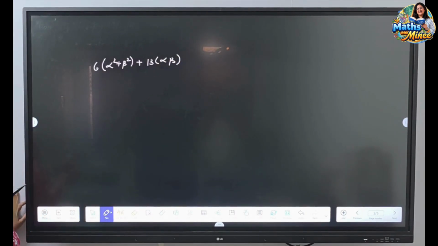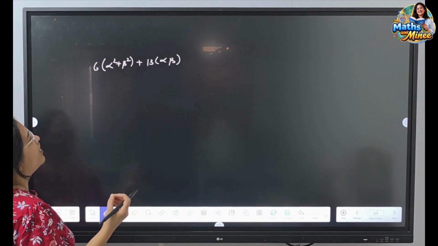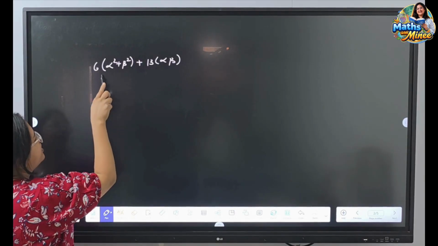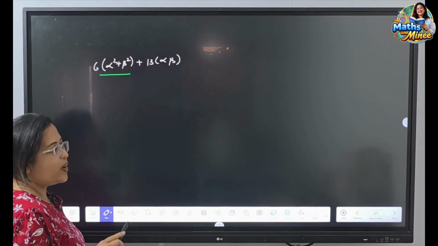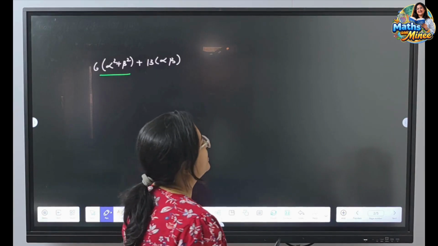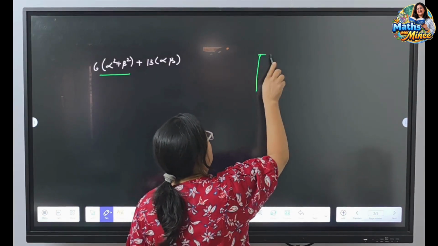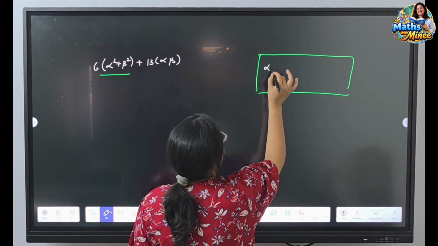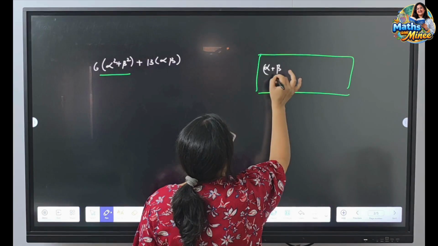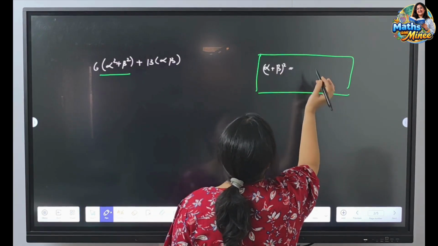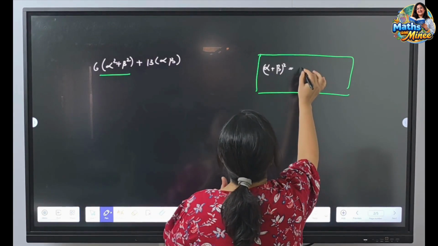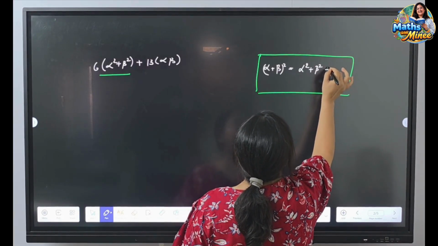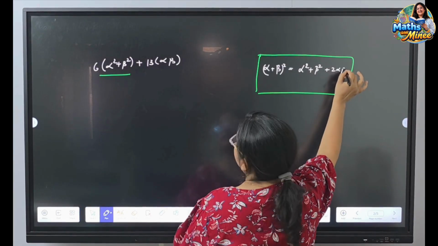Now we already have the values of alpha plus beta and alpha beta, right? But here they have given you alpha square plus beta square. So in the last video, we used the formula alpha plus beta whole square is equal to alpha square plus beta square plus 2 alpha beta.